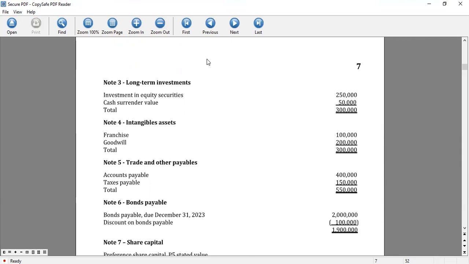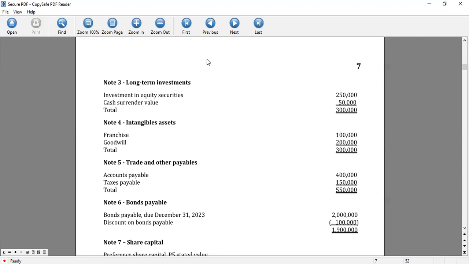Then note number 4 is intangible assets. Actually, in the summary, it's 400,000. However, the intangible assets include a franchise of 100,000, goodwill of 200,000, all right, and discount on bonds payable, but this is not considered as an intangible asset, but is to be deducted from bonds payable.